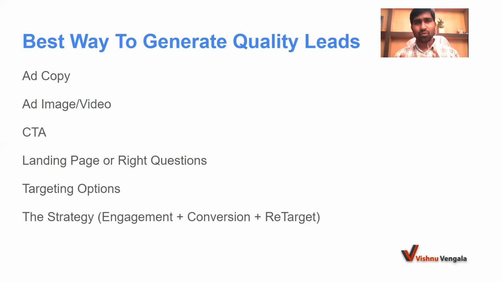If you are trying to sell premium gated community flats, or you want to avoid junk leads, or you want to filter the qualified leads based on the price, you can include the price in the ad image.